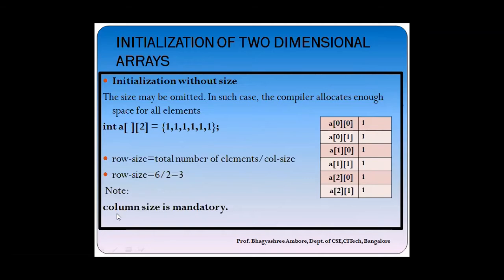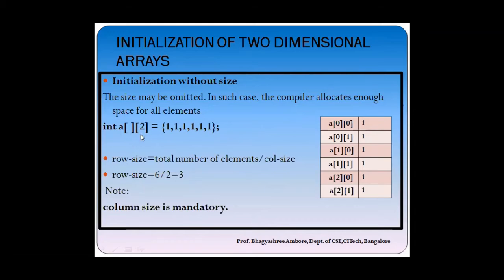Make a note that column size is compulsory, mandatory. Without column size, the compiler will produce an error message. So you can take row size as optional, but what is compulsory here? Column size. Depending on the total number of elements and the column size, it is calculating the row size.